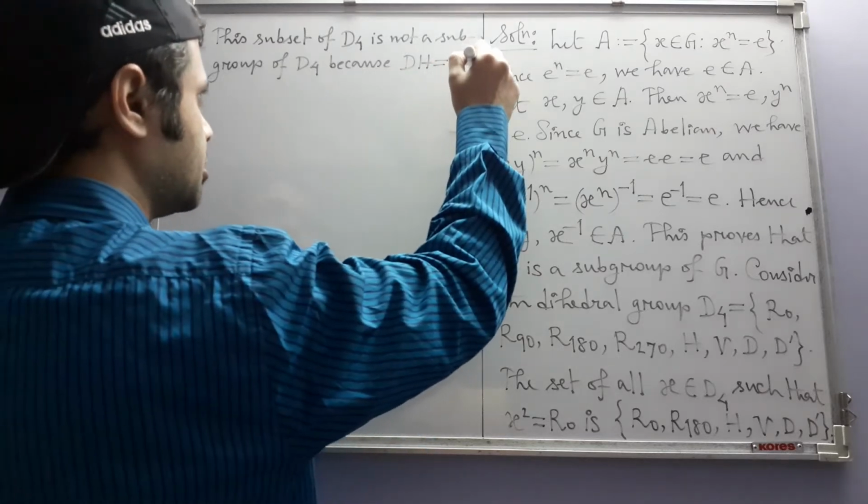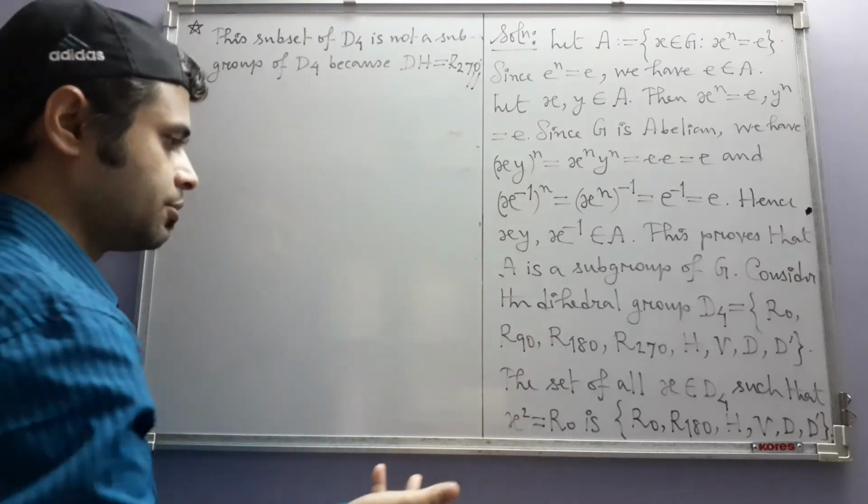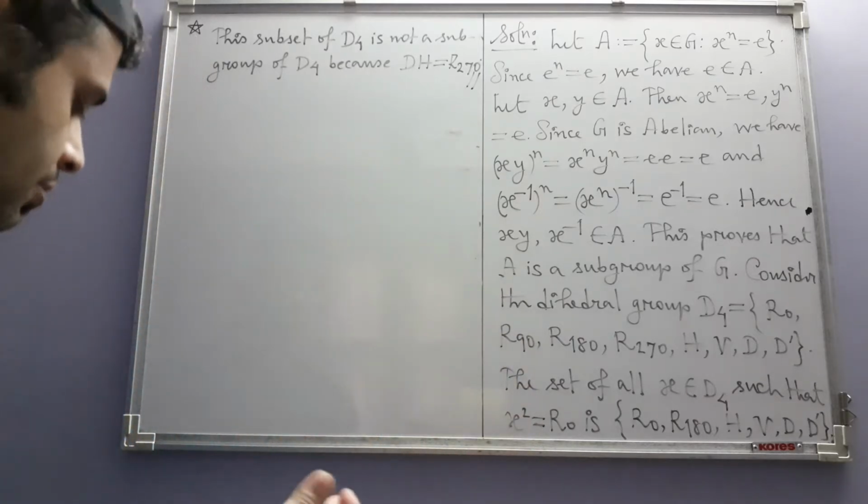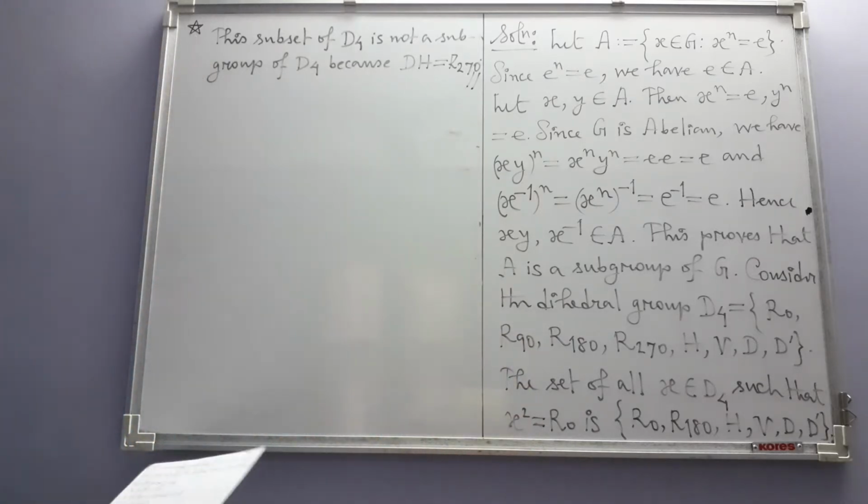So that's why it's not a subgroup. And we already know that D4 is non-abelian, so we have our example.